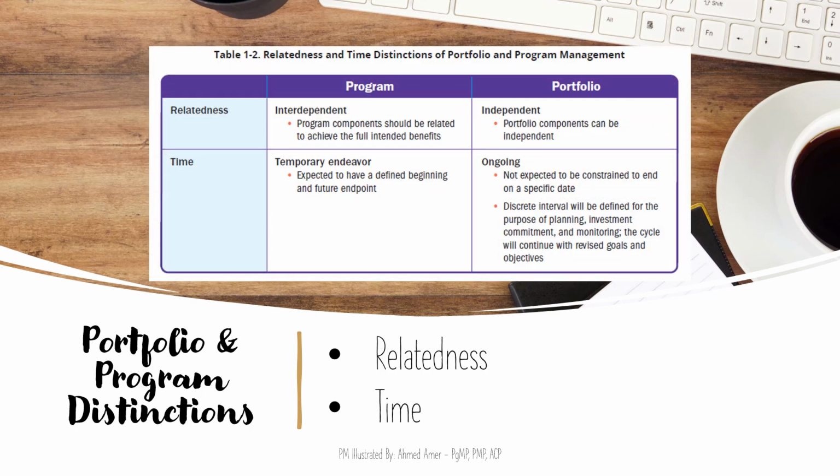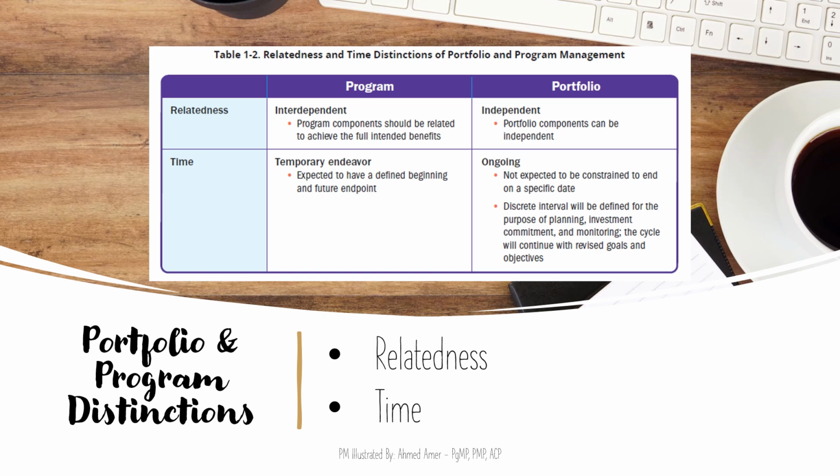In any program, the included work is interdependent, while in a portfolio, the work is not necessarily related to one another. Portfolios have the freedom to group the scoped work in any way that meets organizational strategic objectives.